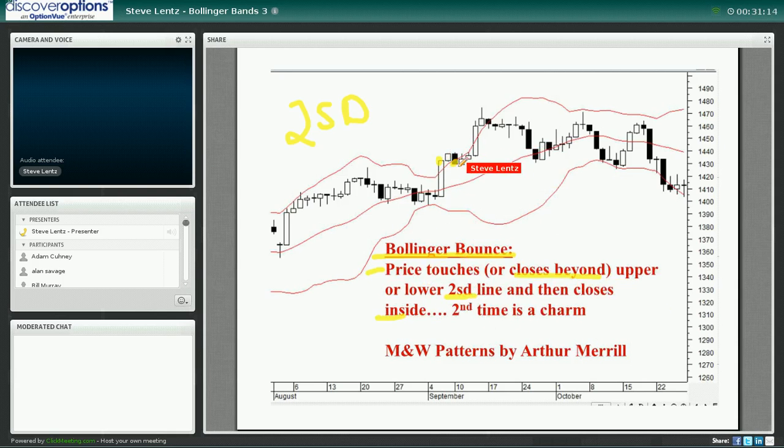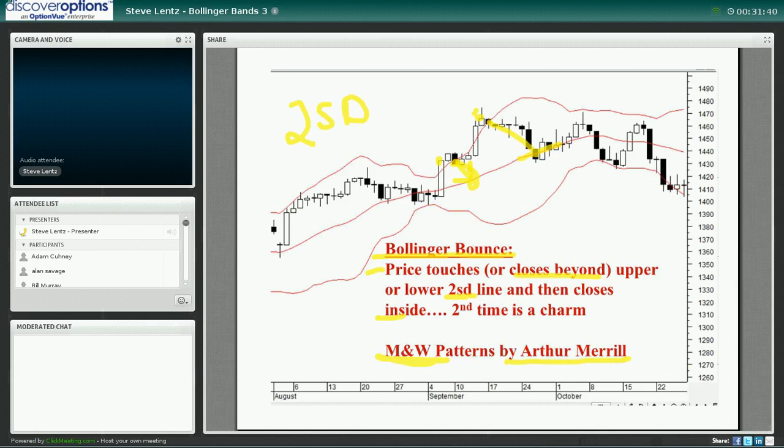It closed outside, closed inside. That was a signal to go short. Good probability it was going to go and touch the mean here. Quite often, though, it will happen, close above, close below, then it goes to the mean right here. Quite often it'll happen on the second go around, and Arthur Merrill really teed off on this in his M&W patterns, and you can look that up and dive in.